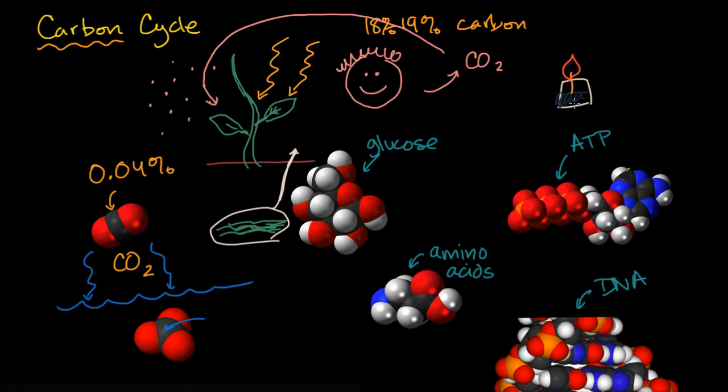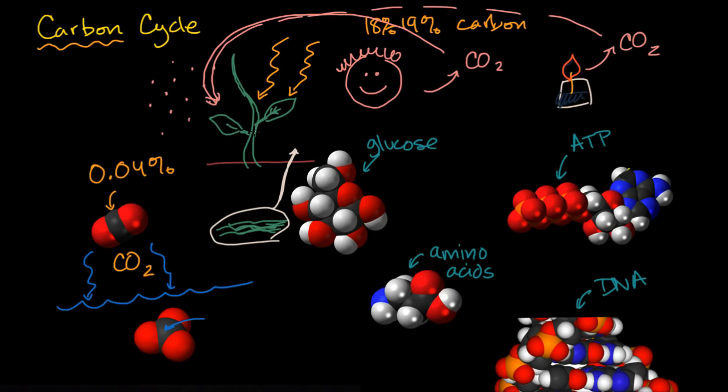You're taking that organic matter, those carbon bonds, and in some ways you could say you're doing the reverse of the photosynthesis process. You're breaking it down, and in that process you're releasing that carbon, and it's getting released in the form of carbon dioxide, which in theory could then be fixed once again.